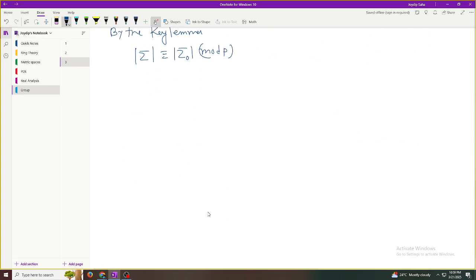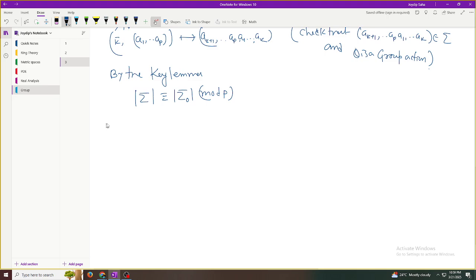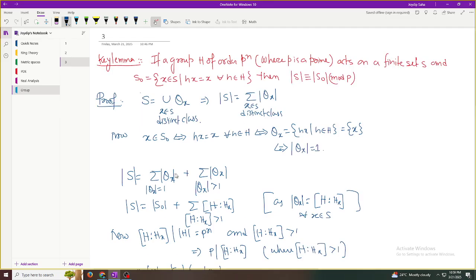Sigma 0 consists of those (a1, ..., ap) such that hx equals x. What was S0? S0 is the set of x in S with hx equals x.